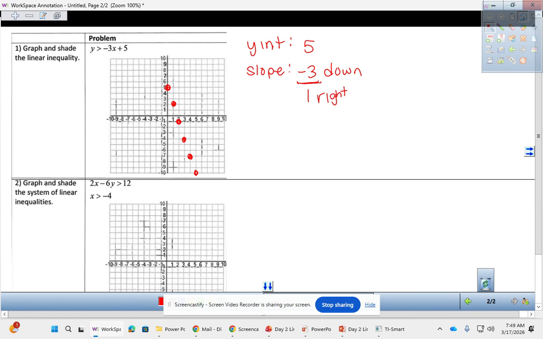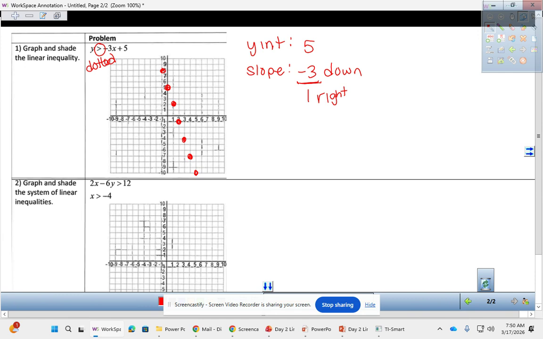Okay, so before I grab the ruler app and connect these, I have to consider if I'm connecting them with what's called a solid line or a dotted line. And that's going to come from this inequality symbol. Because it doesn't have a line underneath, I'm going to connect it with a dotted line. Andrew asked, can I just write dotted? That's totally fine.